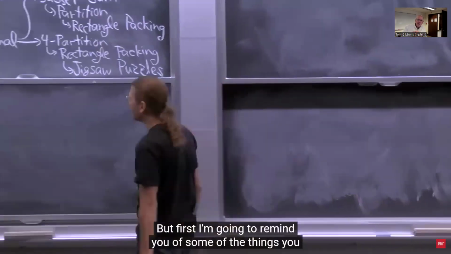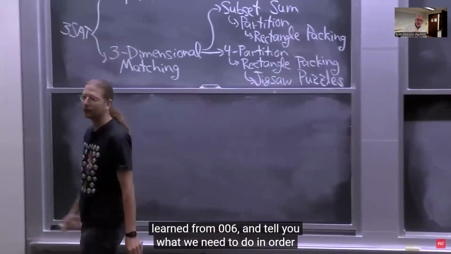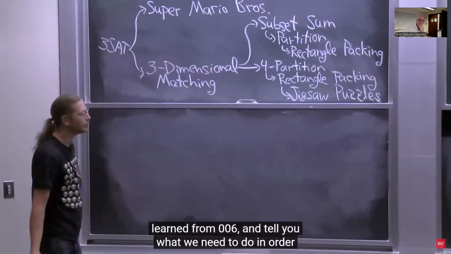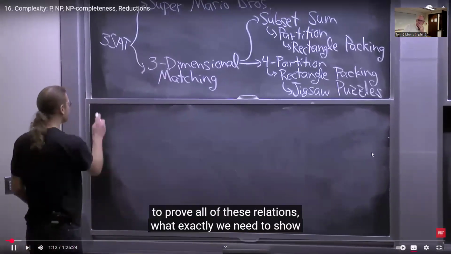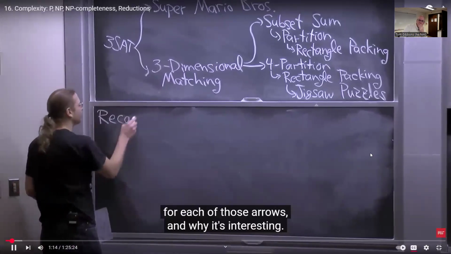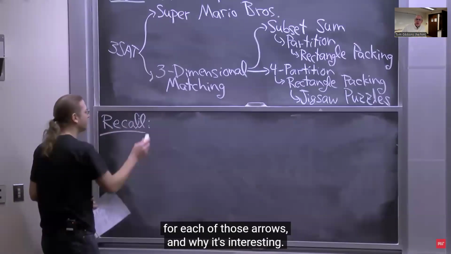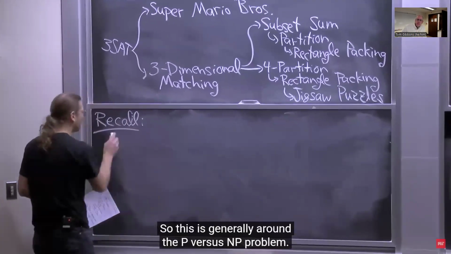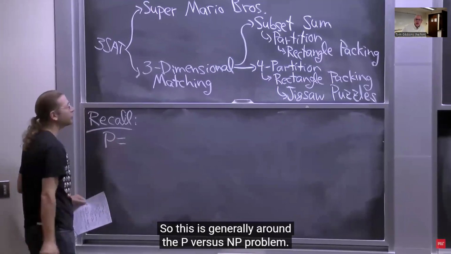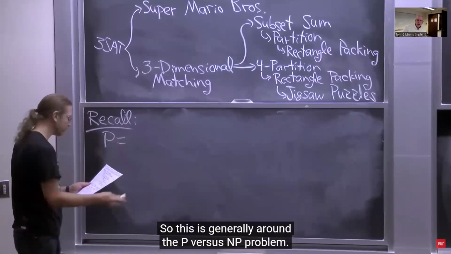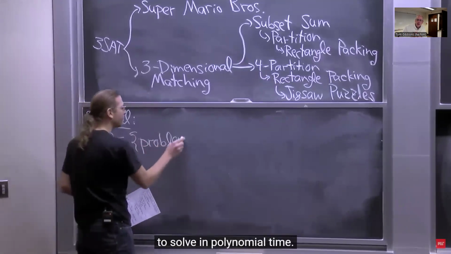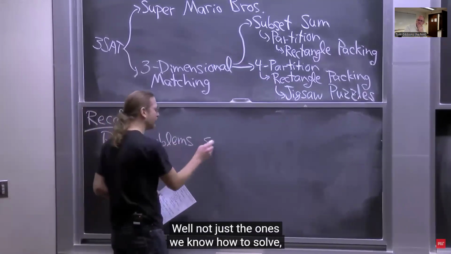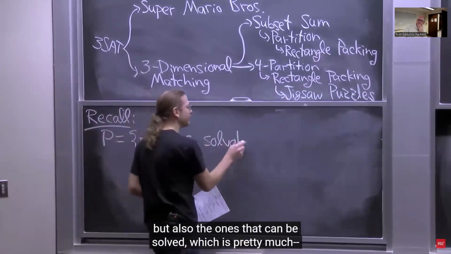But first, I'm going to remind you of some of the things you learned from 006 and tell you what we need to do in order to prove all of these relations, what exactly we need to show for each of those arrows, and why it's interesting. This is generally around the P versus NP problem. So remember, P is all the problems we know how to solve in polynomial time. Well, not just the ones we know how to solve, but all the ones that can be solved.